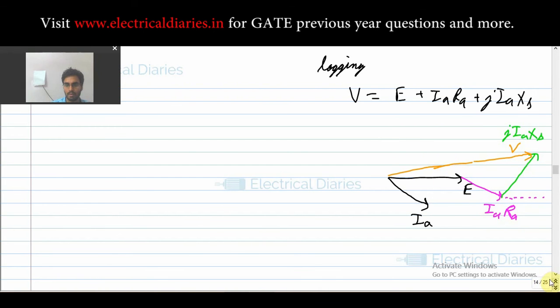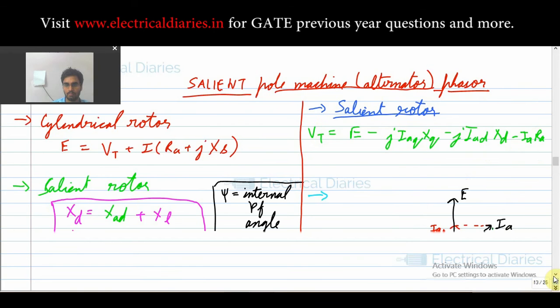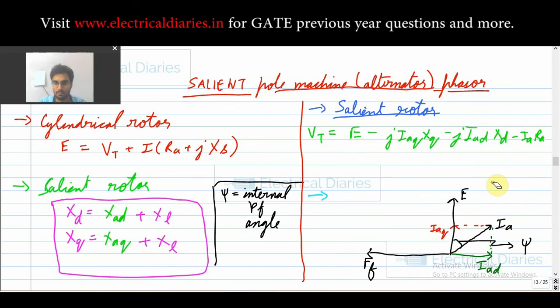Now come back to our original problem. This equation we have to plot here. If you have understood the previous phasor diagram from the equation, then you can get this also. From E you have to subtract IAQ XQ.